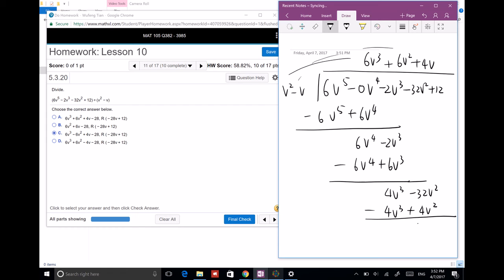Reverse the sign, 28v, negative 28v squared plus 12. And we multiply by negative 28. So that's the only answer is A.